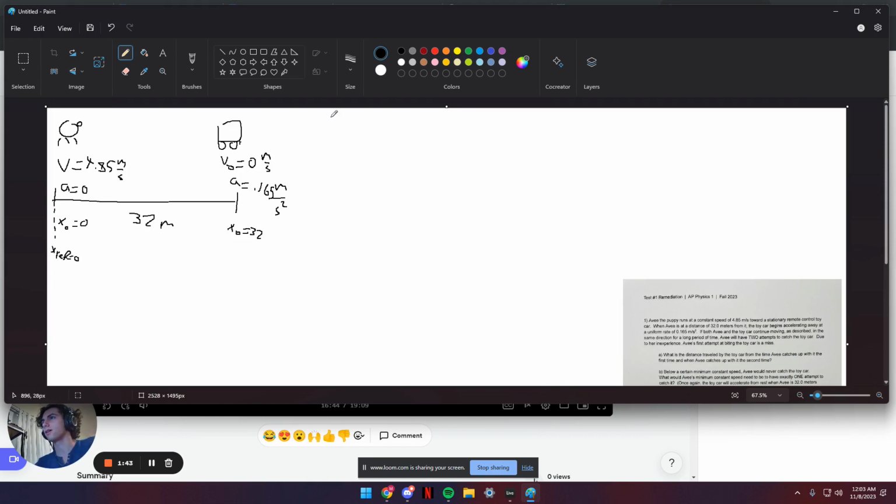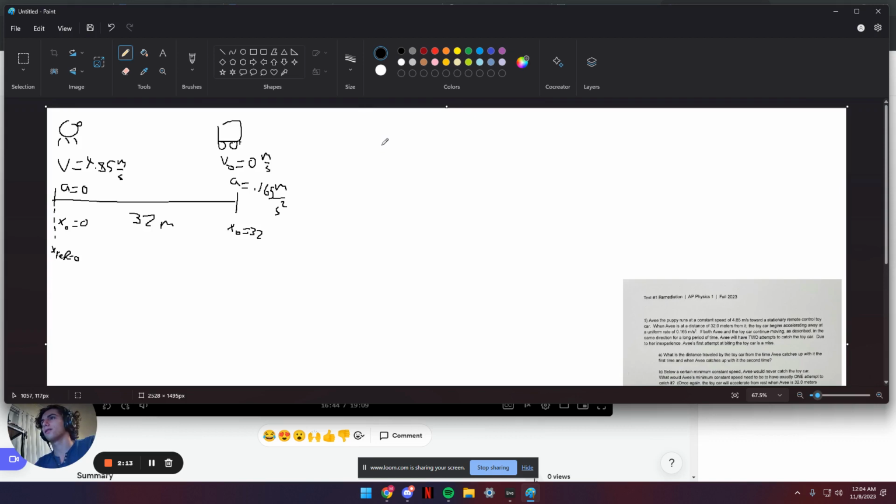There's no height, there's no springs, and there is no real mention of energy, so we can assume this is not a conservation of energy problem. And we have many of the variables used in kinematics equations, so we can assume we need to use kinematics to solve this problem.